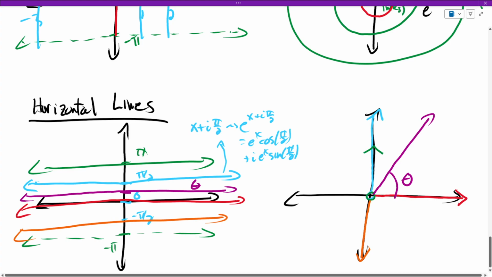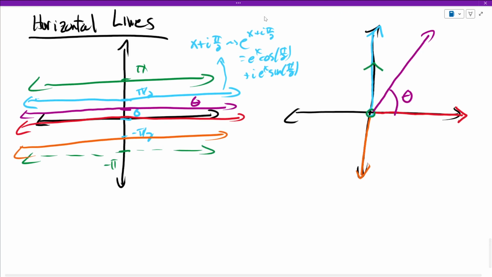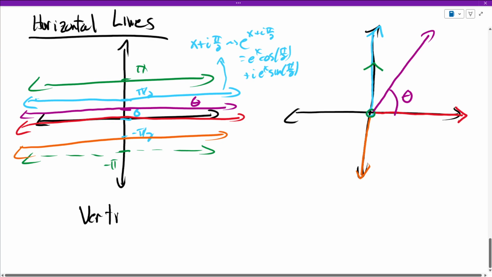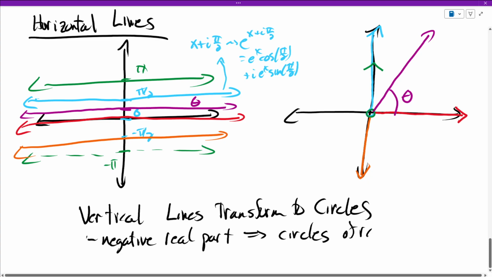All right, so what we learned here is that vertical lines transform to circles. And not only do they do that, but the negative real part guys are sent to circles of radius less than 1, and it's decreasing as you go more and more negative.